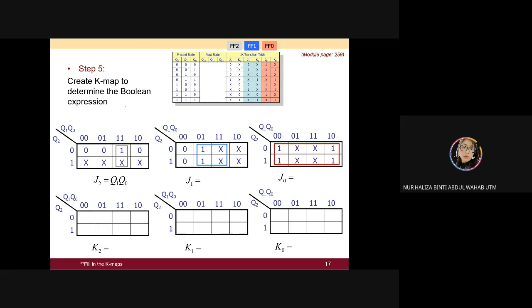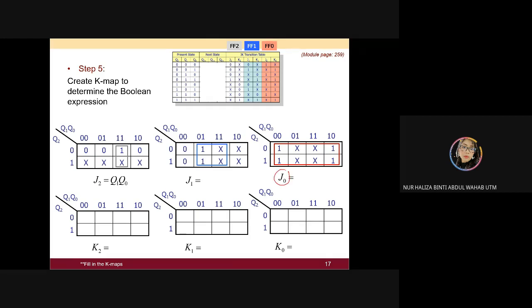We can also draw it looking like this: Q0, Q1, Q2. Because the input is similar, you're going to get a similar output. So here it already gives you the example. Let's look into J0 first.